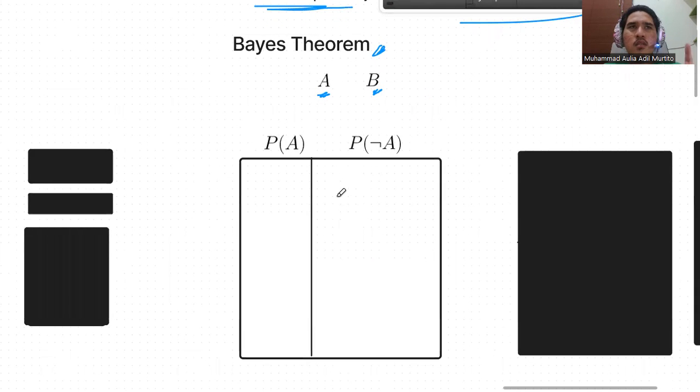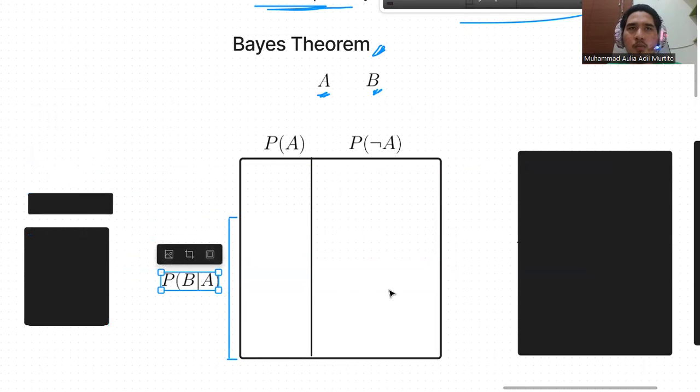Now, not only do we have the space for event A, but we also have the space for event B given event A has happened. As you can see here, this is our conditional probability.